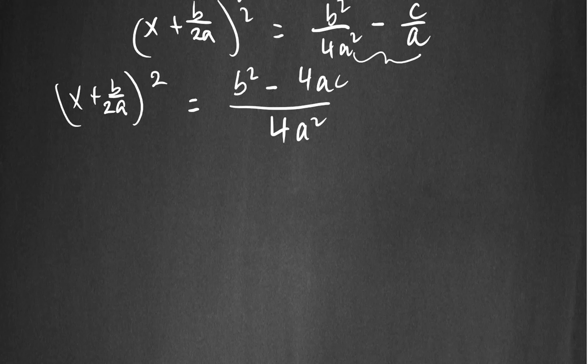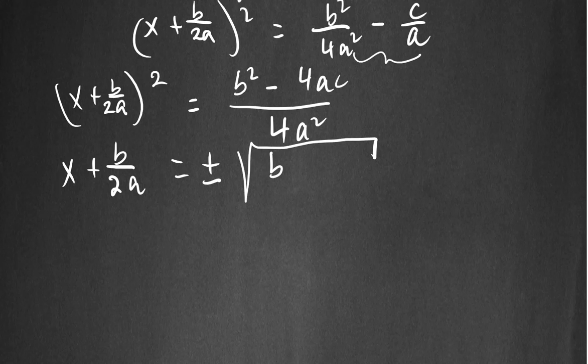And we can say that x plus b over 2a, taking the square root of both sides, is equal to plus minus square root of b squared minus 4ac over 4a squared, correct?